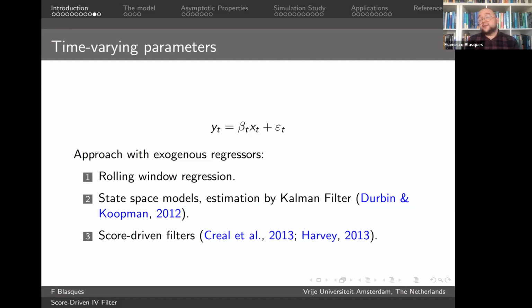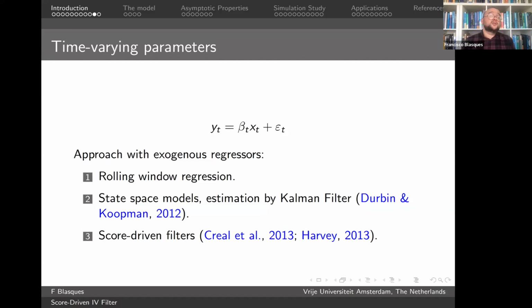Well, if one is suspicious that the beta is indeed time varying, there are many ways one can try to address this. One can, for example, perform a regression on a rolling window to try to accommodate the fact that the beta is changing over time, and hence only more recent observations might be relevant to estimate beta.